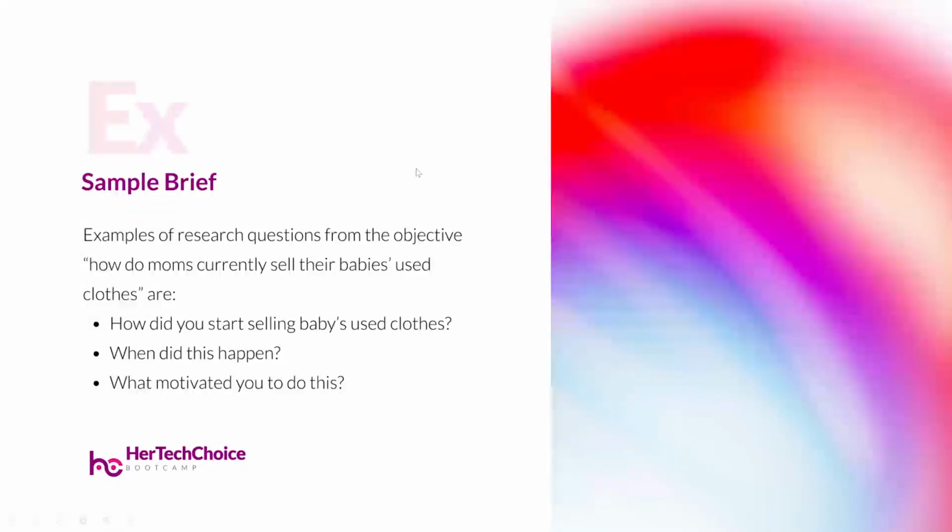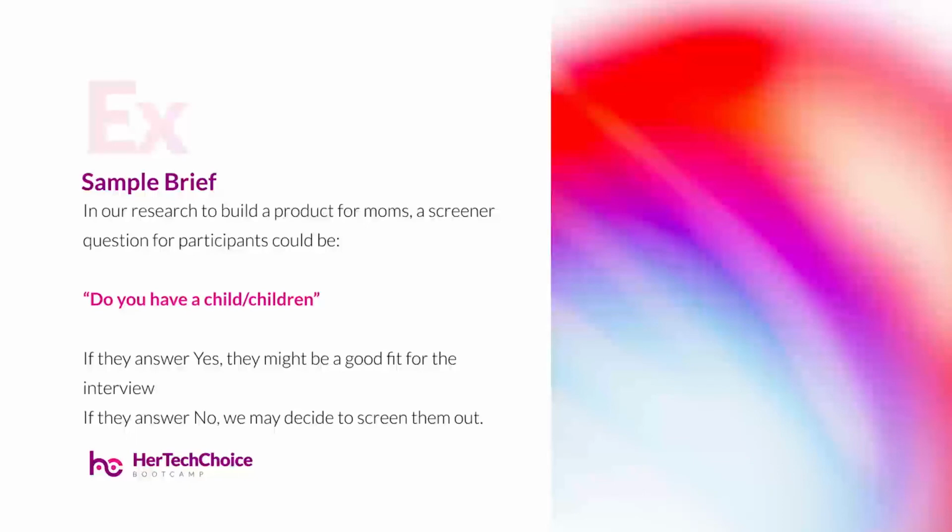Examples of research questions from the objectives, on how moms currently sell their babies' used clothes, are: how did you start selling baby used clothes? When did this happen? What motivated you to do this? Why are you doing this? And so on.